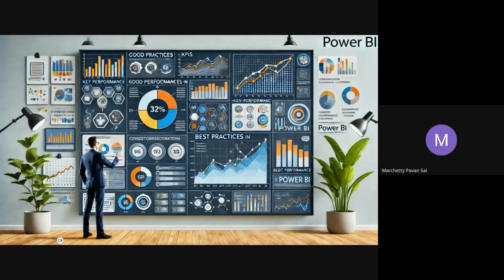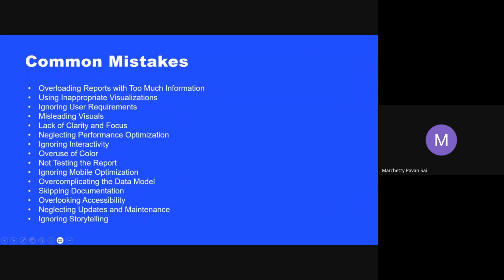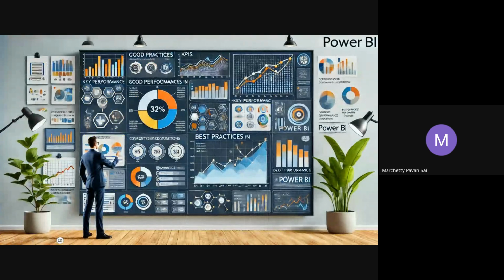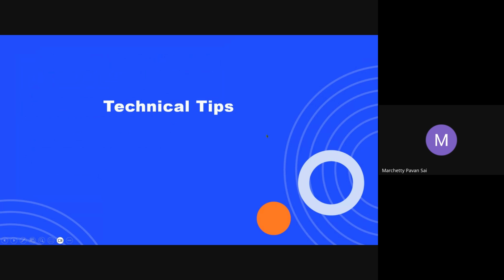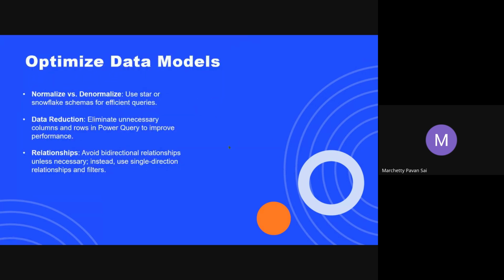Now, since we have understood all the common mistakes and bad practices, let us understand some good practices as well. Okay, some technical tips for you in order to make some good reports. So first of all, you need to optimize the data models. How? You can normalize or denormalize.